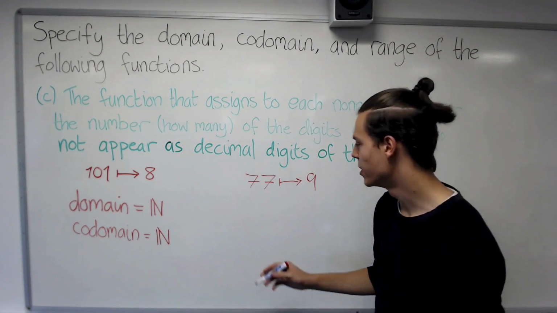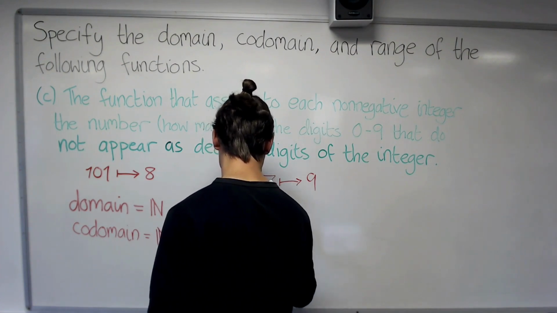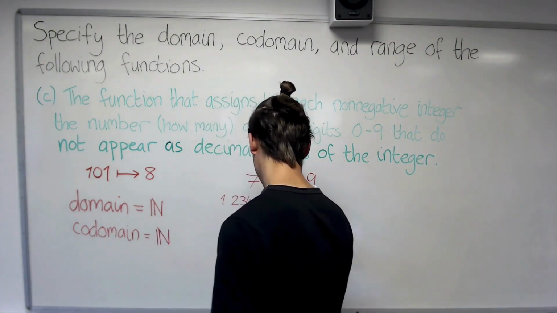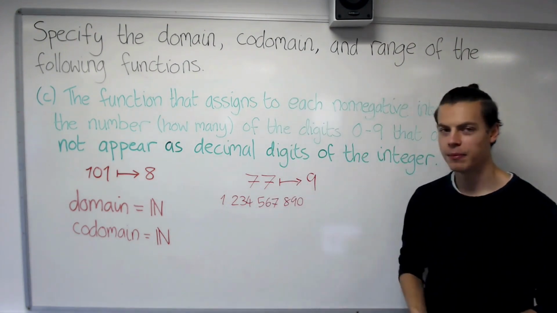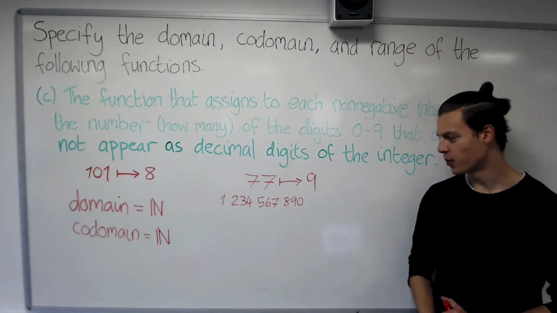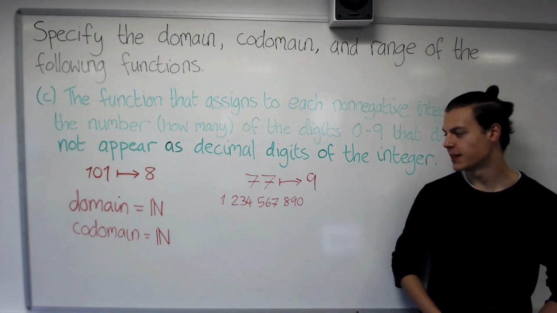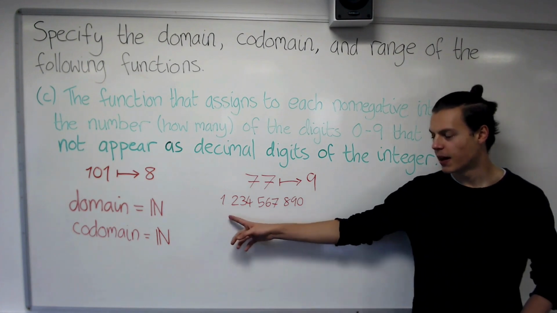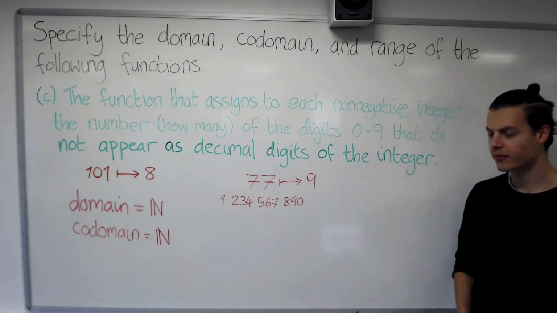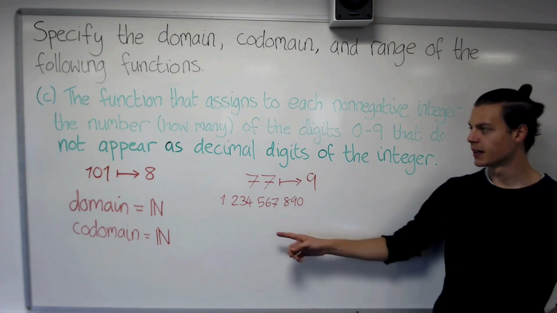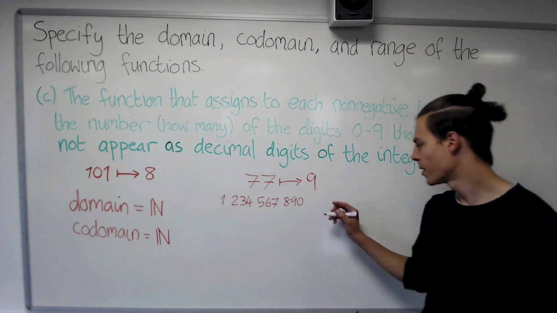Now if we look at the number 1,234,567,890, applying this function to this number will give us 0, since all of the digits 0 to 9 appear in this number.